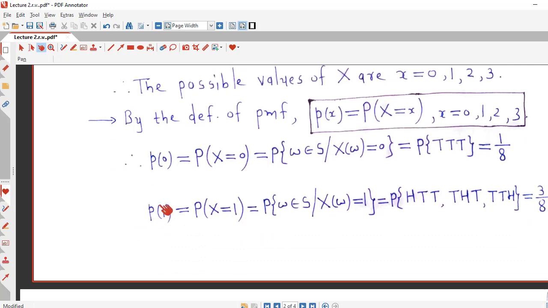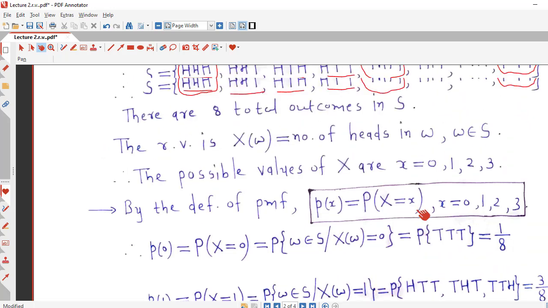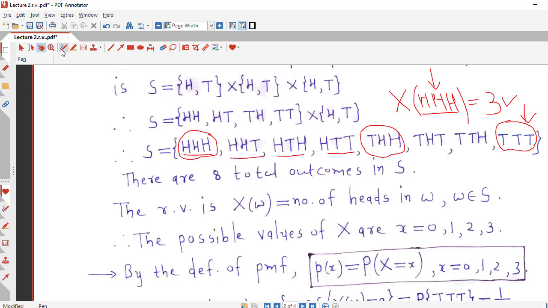Now suppose I want to find the value of the PMF at x equal to 1. So P of 1 equals the probability of the event X equal to 1. So I have to find those outcomes in the sample space whose image is 1. X of omega equal to 1 means there is only one head. So here there are 3 heads, here 2 heads, here also 2 heads.